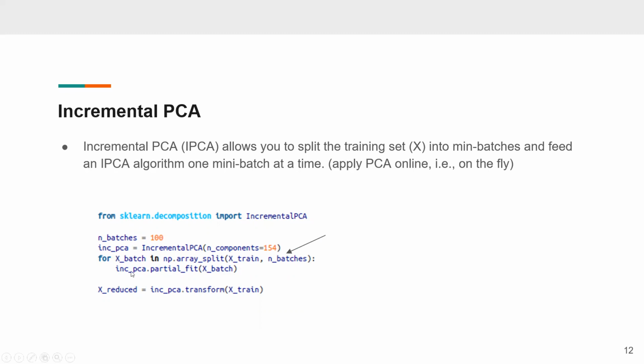The way you do it, you use incremental PCA with number of components 154, and then you use each batch of your training data set. Based on that, you would come back with your X reduced of your data set.